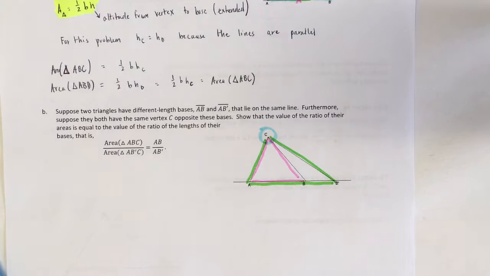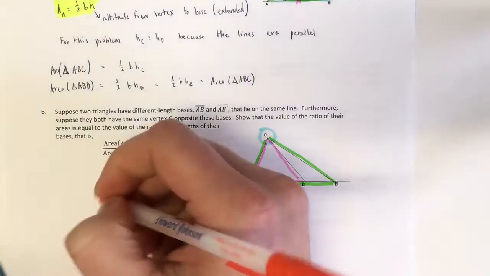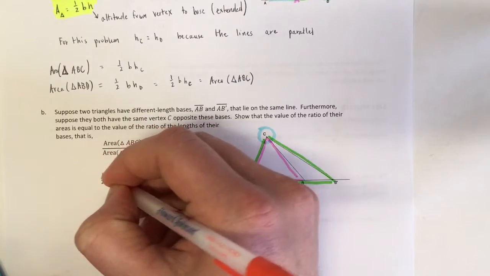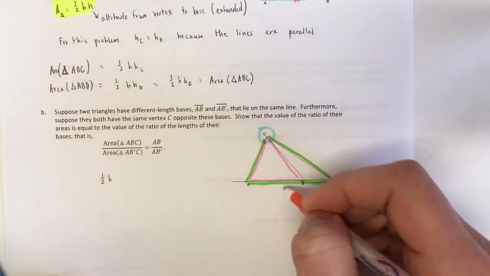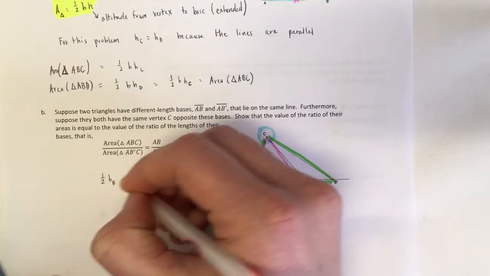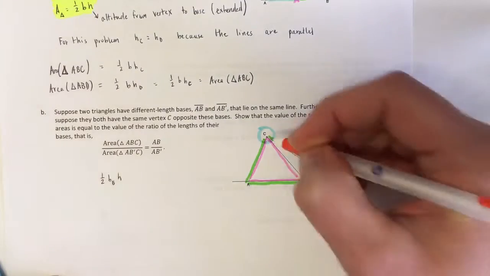Okay? Show that the value of the ratio of their areas is equal to the ratio of the lengths of their bases. And so we can do this mathematically. If we use what they gave us already, we know that the area is 1/2 base, and the base for AB, so let's just call that base B, times the height.